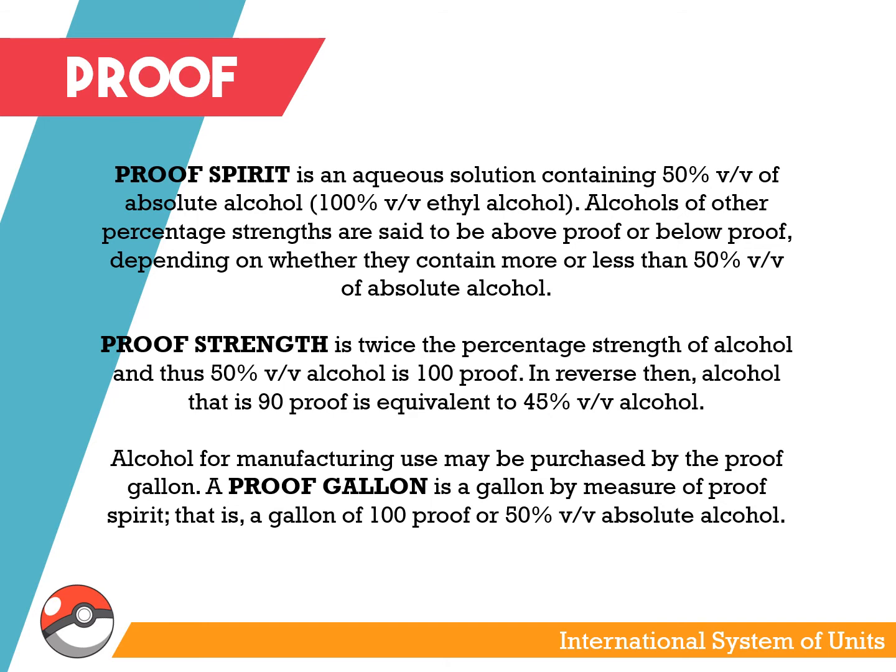Alcohols with other percentages are said to be above proof or below proof, depending on whether they contain more or less than 50% volume per volume of absolute alcohol. Proof strength is twice the percentage strength of alcohol, and thus 50% volume per volume alcohol is 100 proof. So take note, proof strength is twice the percentage strength.